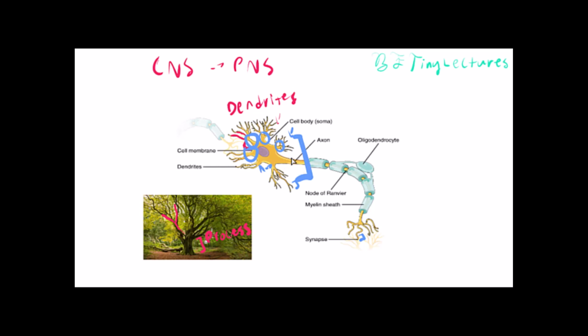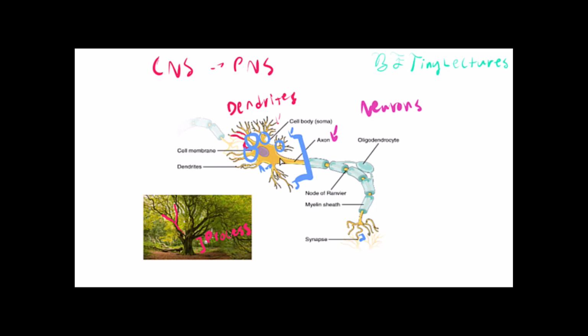The largest process, or I guess you can say the largest tree in the park being the neuron, that is going to be called the axon. The neurons will always have one axon that is larger, or I guess will always have a process that is larger than the other processes.